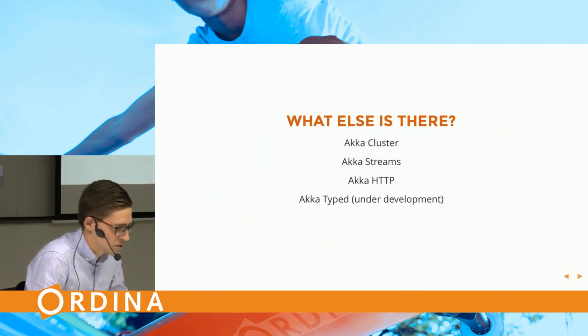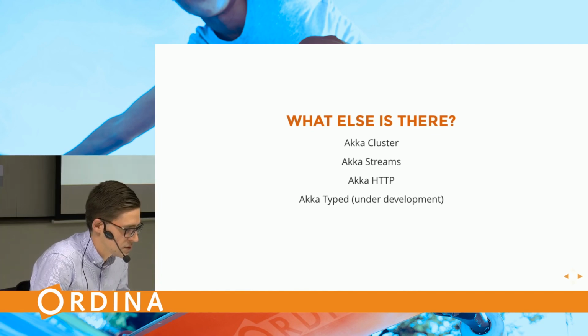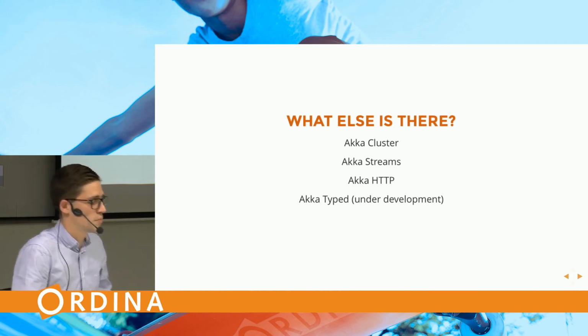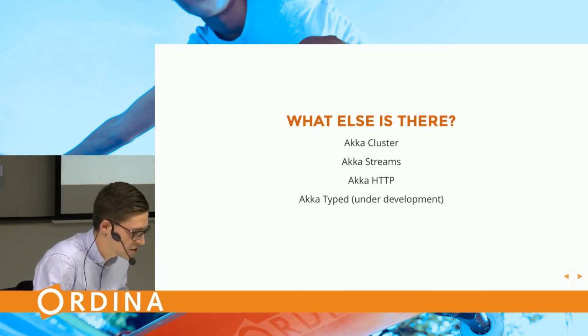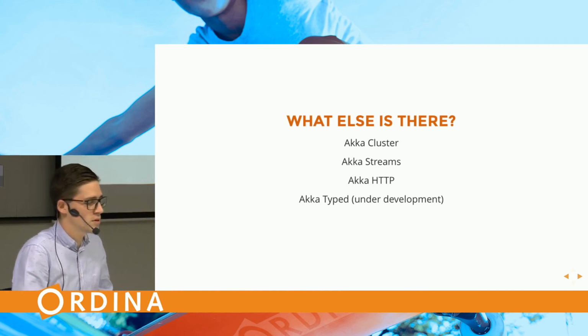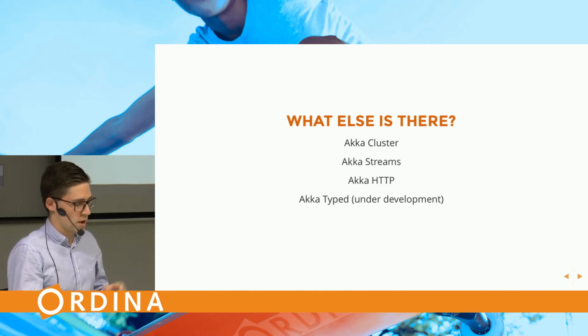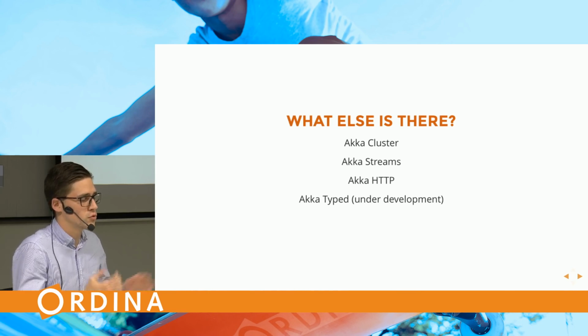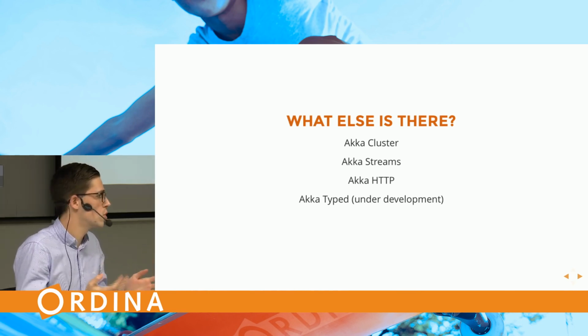So what else is there besides a couple of complex subjects? There are also other parts of Akka, for example, Akka cluster, Akka streams, Akka HTTP, and Akka typed that are available. You have multiple dependencies that you can add to your project, and one of them is the basics, the core of Akka.